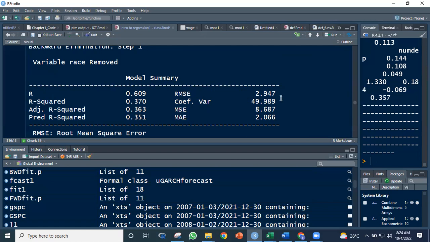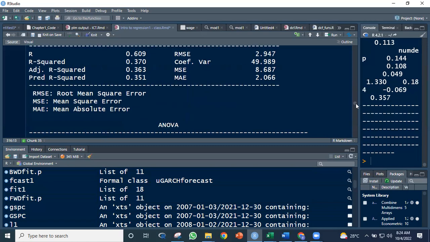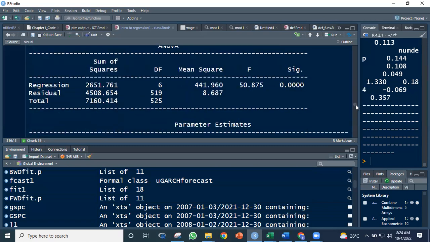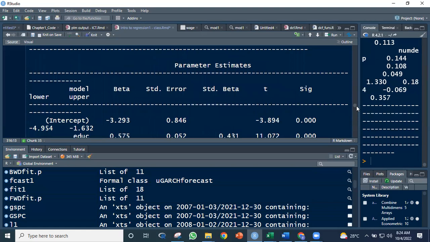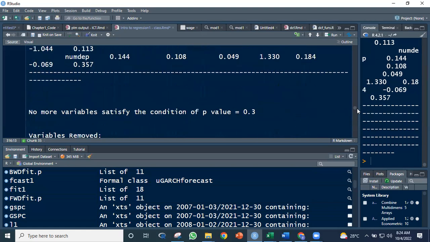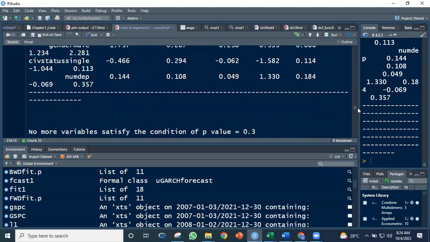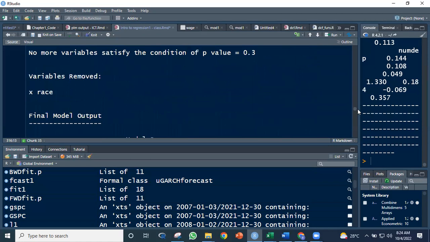Then we have also root mean square error. And then next, we remove race.